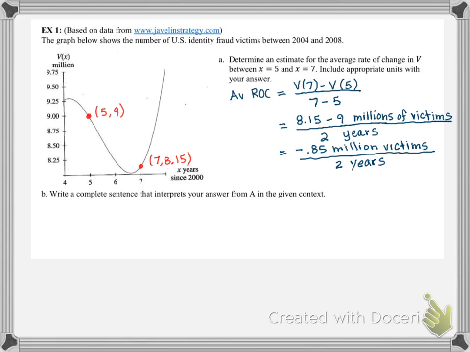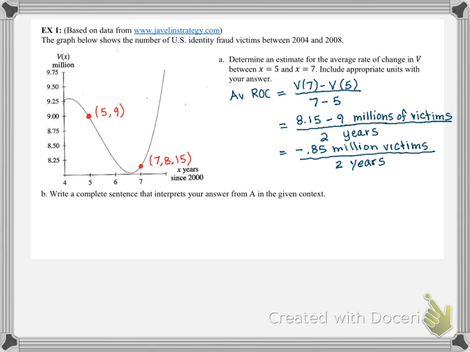So right now, we have two separate numbers. We're saying that it's negative 0.85 million victims for every 2 years. In order to make this a rate of change, the idea of average rate of change is that it gives the change in your output corresponding to 1 unit change in your input. So we have to divide, and with applications, you can always just use a decimal.